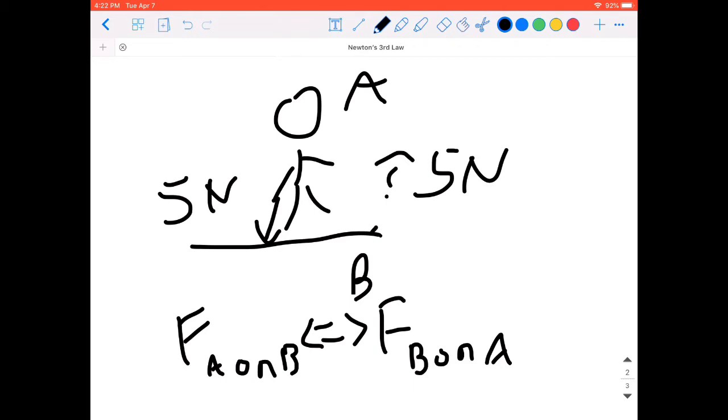And as you can see, the A and the B is just switched. That's how you can find a third law partner force pair easily.